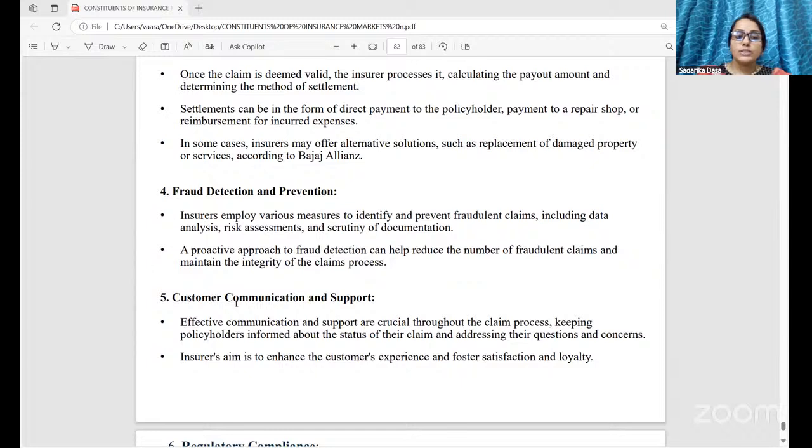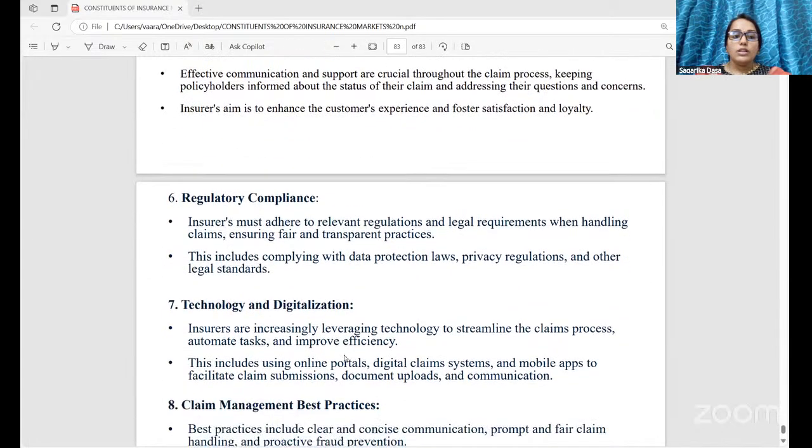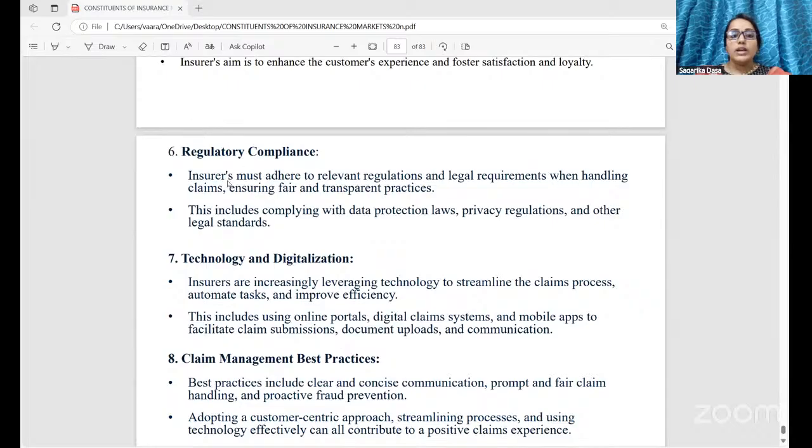Then customer communication and support. Effective customer communication and support are crucial throughout the claiming process. Continuous communication must be maintained with the policyholder. Then regulatory compliance. According to the legal regulations and legal requirements, the claims must be settled as per the protection of laws, privacy regulations, and other standard legal regulations.